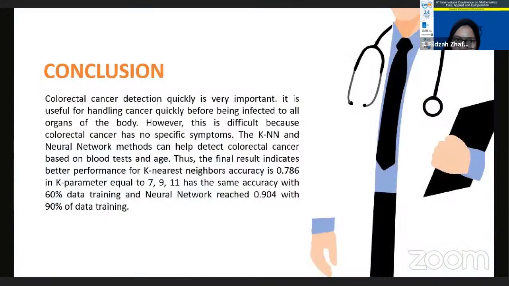Conclusion. Detecting colorectal cancer quickly is very important. It is useful for finding cancer quickly before it spreads to all organs of the body. However, this is difficult because colorectal cancer has no specific symptoms. The KNN and neural network methods can help detect colorectal cancer based on blood tests.